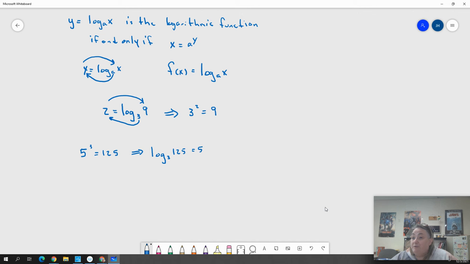I could have written that as 5 equals log base 3 of 125. But ultimately, we're saying that 3, did I get that wrong? 3, 5. See what I did there? It's easy to confuse them, but it isn't difficult, right? We're saying that 5 to the third power equals 125.